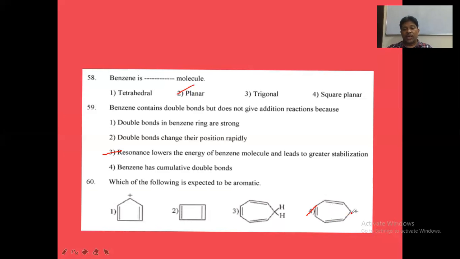Now check it here. This carbon has 2 bonds on either side and 1 bond with hydrogen, already there. So around this carbon, there are 1, 2, 3 bonds. The plus charge is there. C plus has 1, 2, 3 single bonds.